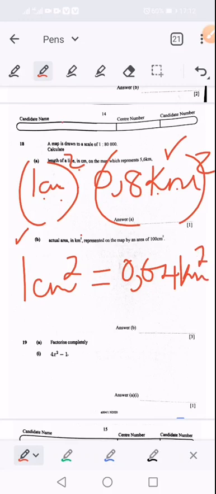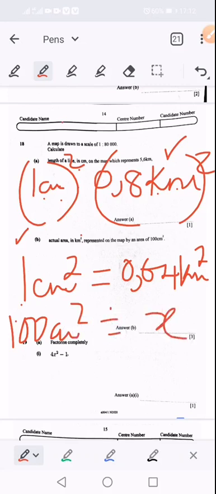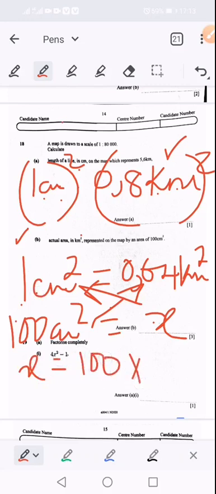Now reading question B: find the actual area in square kilometers represented on the map by 100 square centimeters. So I say if 1 square centimeter represents 0.64 square kilometers, what about 100 square centimeters? It represents x kilometers, I don't know. Then you do cross multiplication again, multiply and multiply. We get x times 1, which is x, equal to 100 times 0.64.